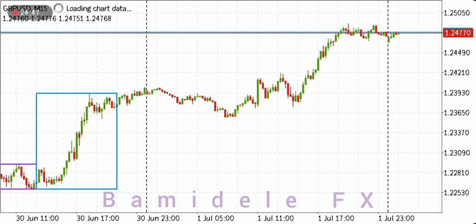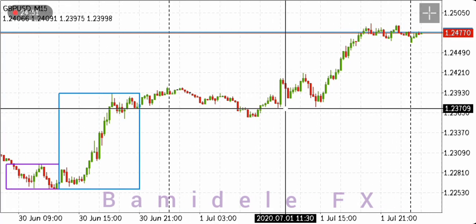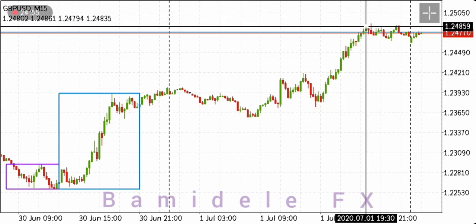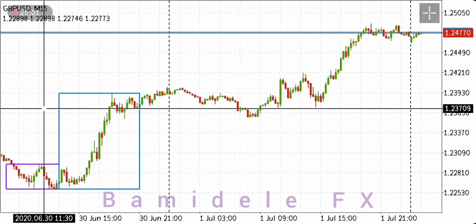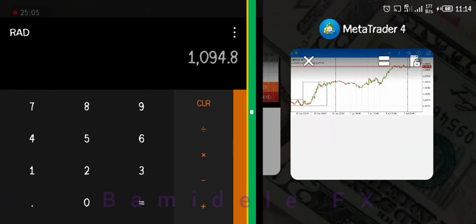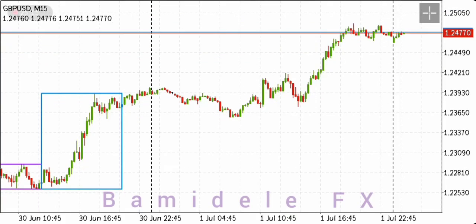But on the time frame, it actually exhausted the ADR. How? Let's see. Look at it. The highest point of the day is what? 1.24859. So let's see in our calculator. 1.24859 minus the lowest point for the day.